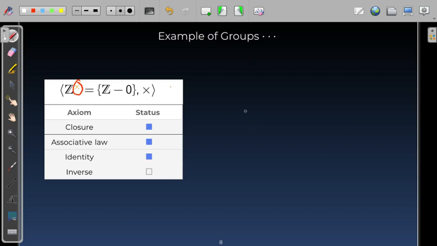Okay, so if you multiply two integers, you are going to get an integer, so closure is satisfied, the associative law is going to be there, and an identity element is there. 1 is the multiplicative identity, so A times 1 is equal to A. But an inverse doesn't exist for every element. The inverse of A will simply be 1 upon A, because A times A dash should be equal to 1, right?